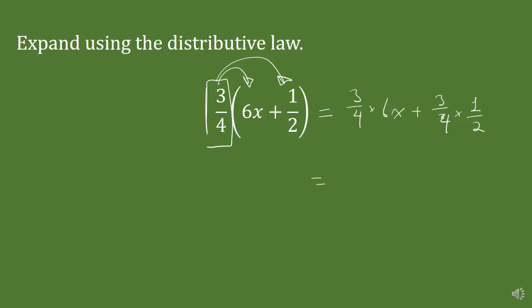And so what's 3/4 of 6? That's 18/4. Let's just write it down. 18/4 x. And this is top times top and bottom times bottom, 3/8. And so this is not reduced, so they're both divisible by 2, so that's 9/2 x plus 3/8.